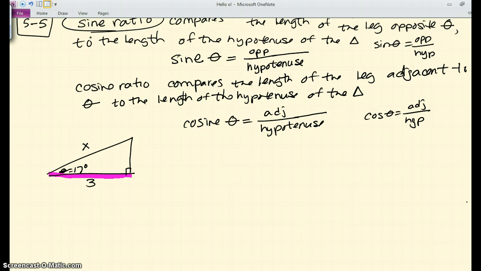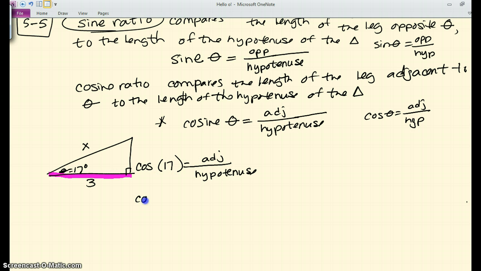So I want to choose the ratio that lets me use direct substitution of the length of the adjacent leg in comparison to the hypotenuse. So which guy is that? For this example, I would like to use cosine, and my angle of reference is 17.